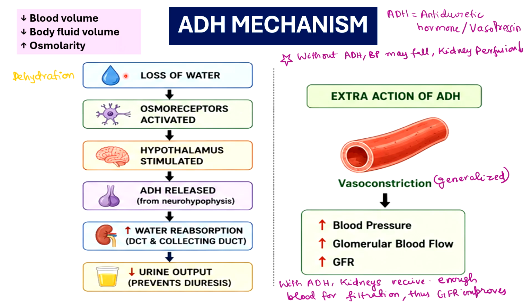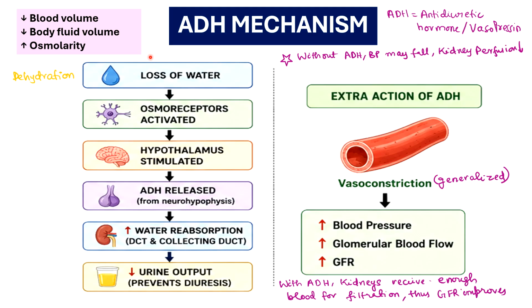Depending on the water level inside the body, we can have two types of situation. One in which there is loss of water or dehydration condition. Second, in which there is more water present than the optimal, called the overhydration condition.